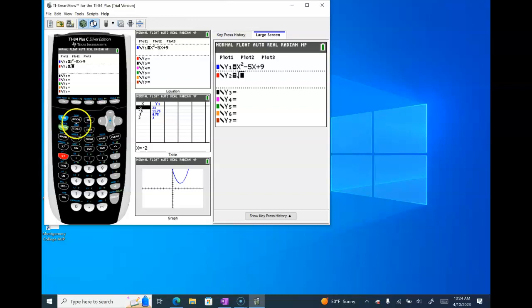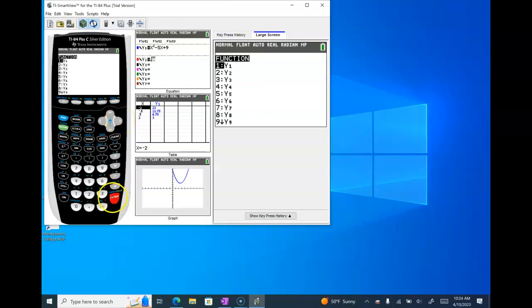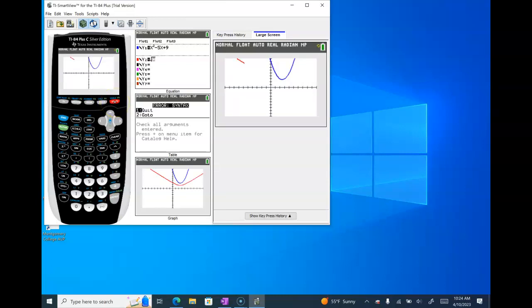Oh yeah, Vars, Y-Vars, function, Y1. So I can just type Y1 in, and it will put the parabola inside. Anyway, I go back to my graph now. There's my parabola, and here is the square root of that parabola. Do you see it's the same low point, the same x value for the low point, right? And so again, it looks like between 2 and 3.